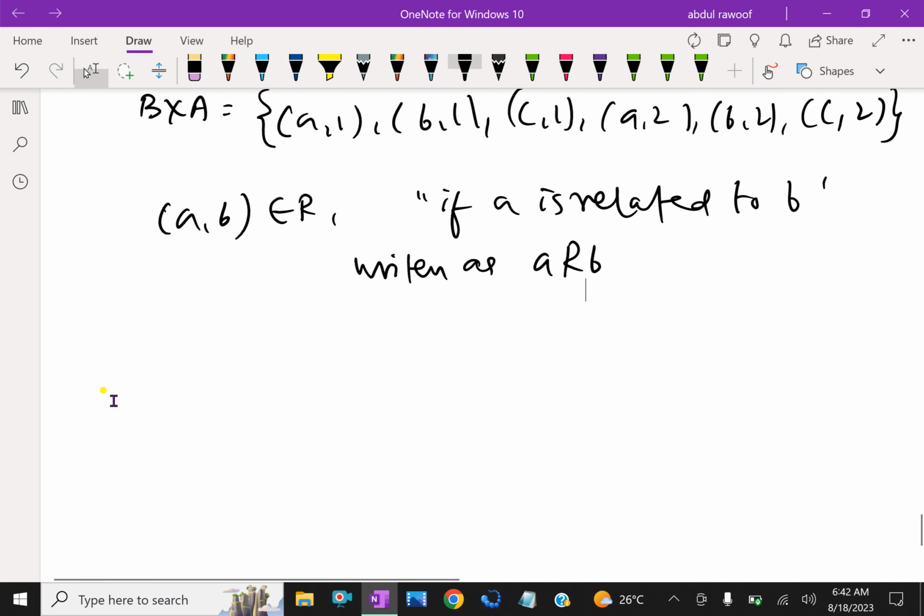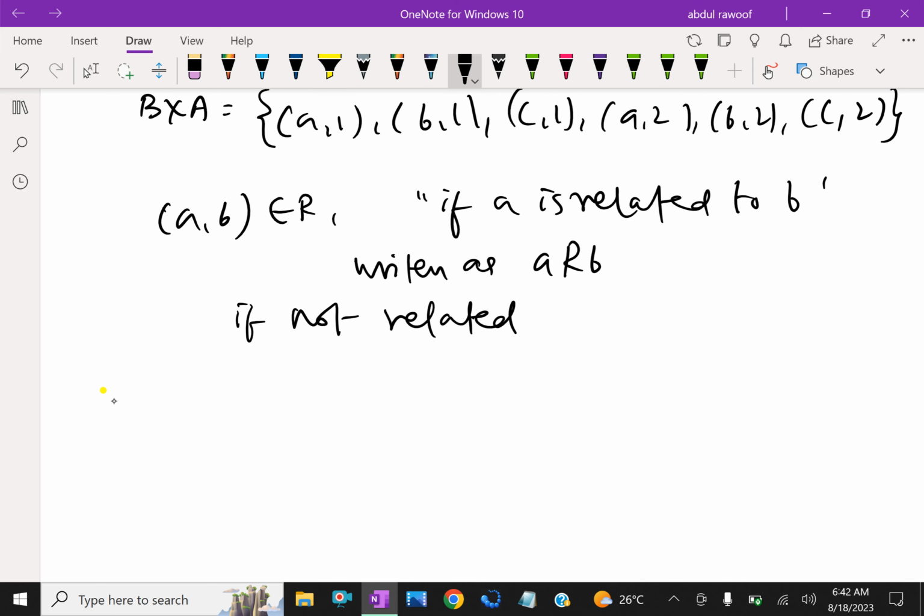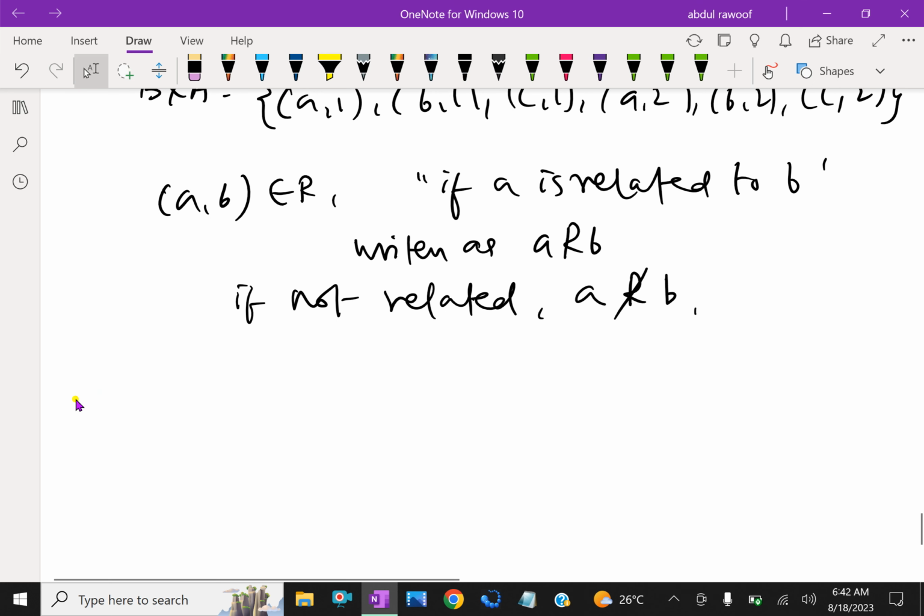If not related, then a is not related to b. Like that we can write in symbolic form.